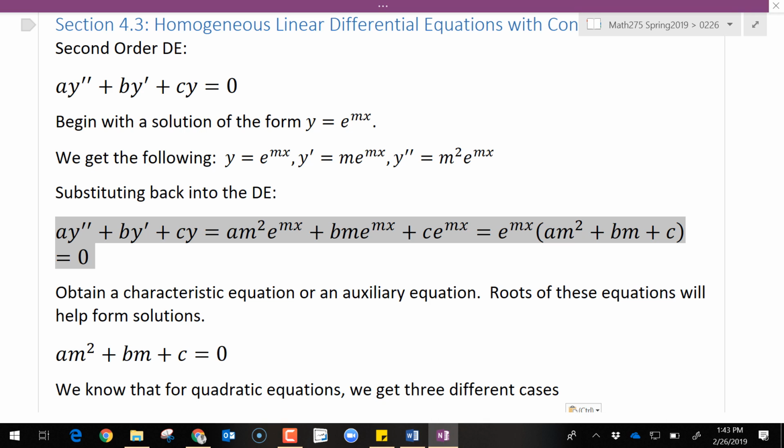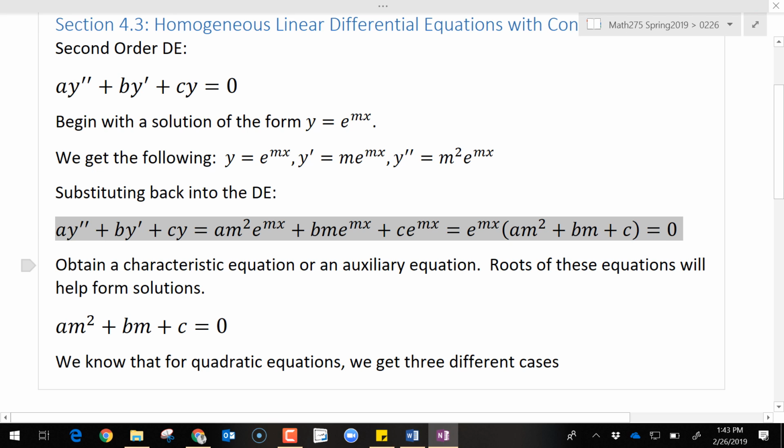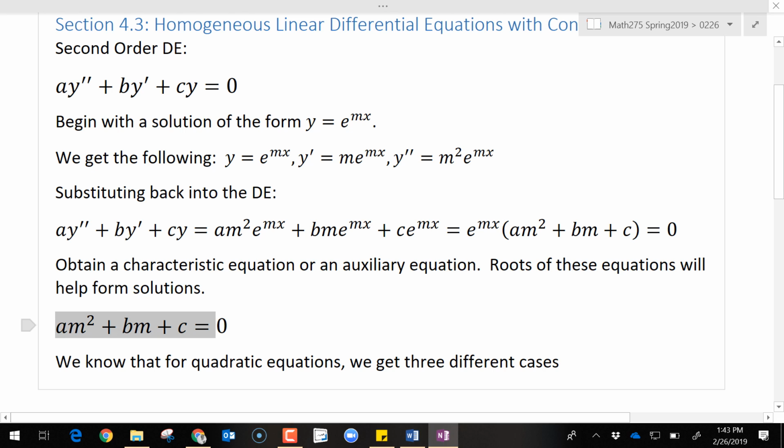Take the derivative once, you get m. If you put that into the differential equation, you end up with a quadratic. If you set that equal to 0, you have a quadratic equation.